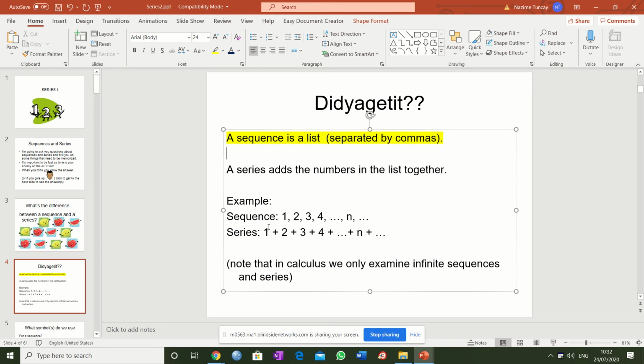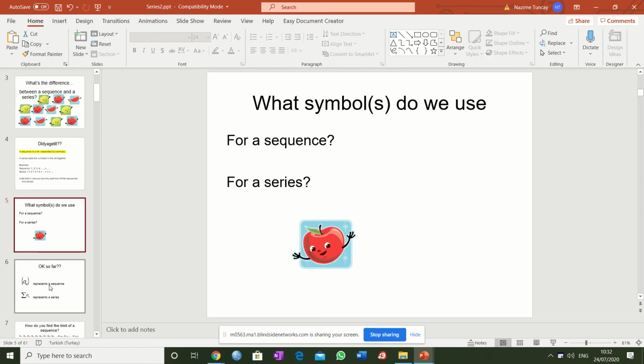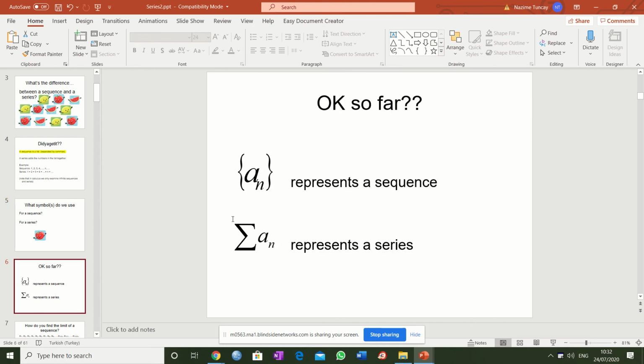And when we add them, we have a formula, and then it is a series. Which symbols do we use for a sequence and for a series? These brackets represent a sequence, the numbers separated by commas, and this represents a series.